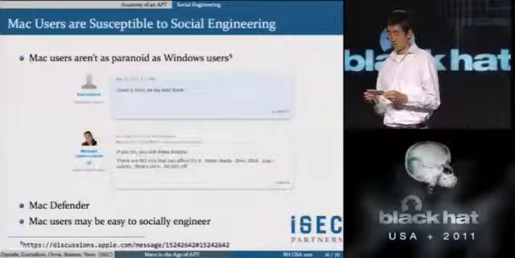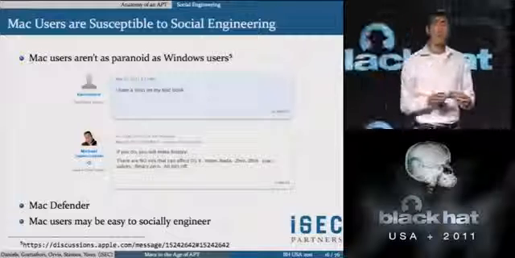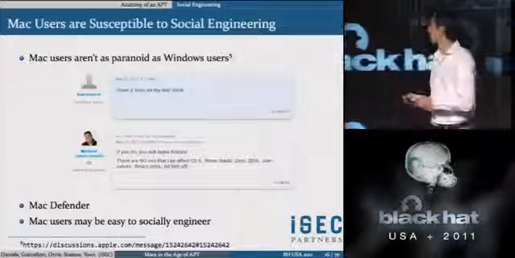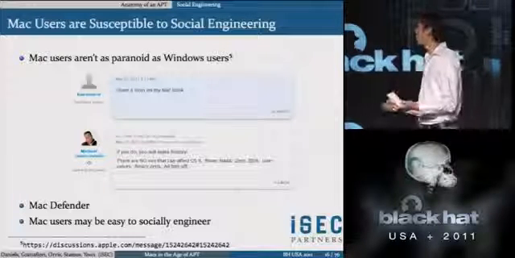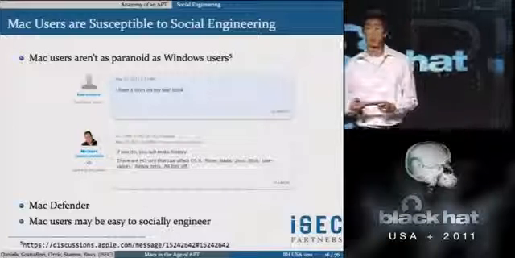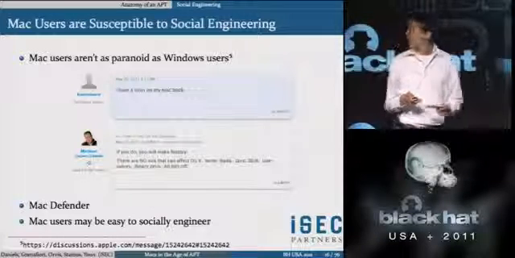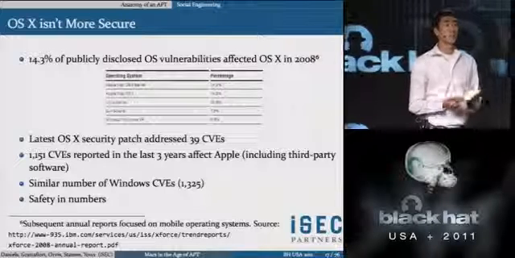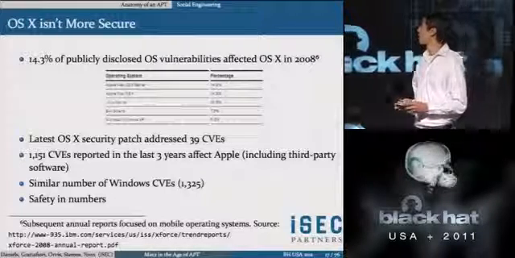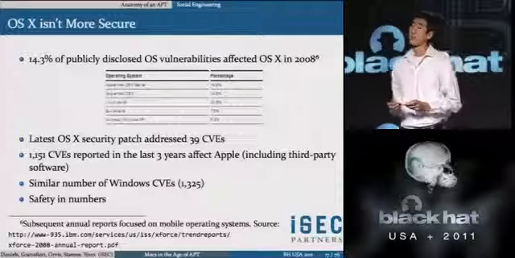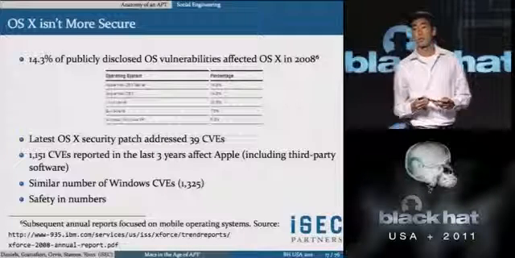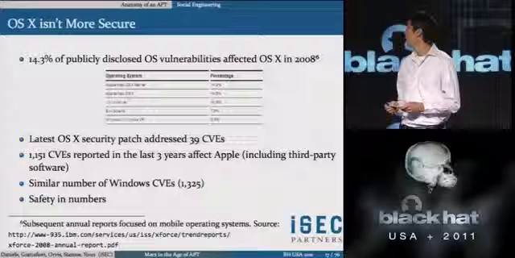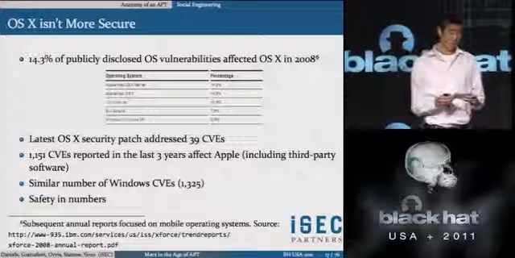But I think Mac Defender has really reminded us that malware can exist on OS X, and on top of that, that Mac users may be susceptible to social engineering. So Mac users may be safer, but that doesn't mean that the operating system is more secure. In 2008, 14.3% of all operating system vulnerabilities were reported against OS X, which is more than any other operating system.